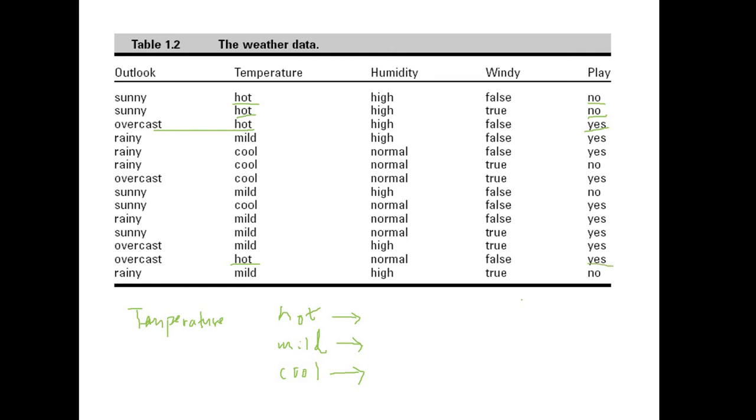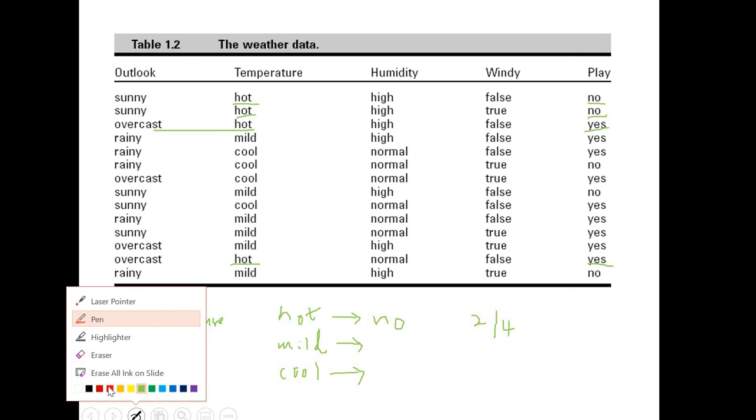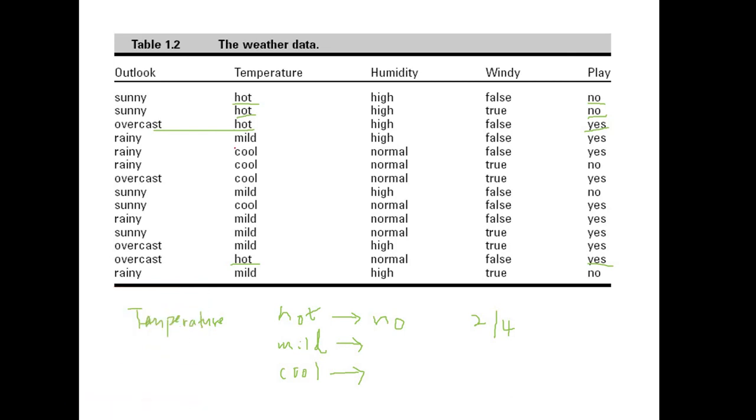So 2 no's and 2 yeses. You can either use no or yes, it doesn't matter, but make sure that you balance the classes. I'll come to that point later on. Right now I'm going to choose no, but you can also use yes. If I put no, what is the error rate? Out of 4 instances, 2 is the error. Now we look at mild.